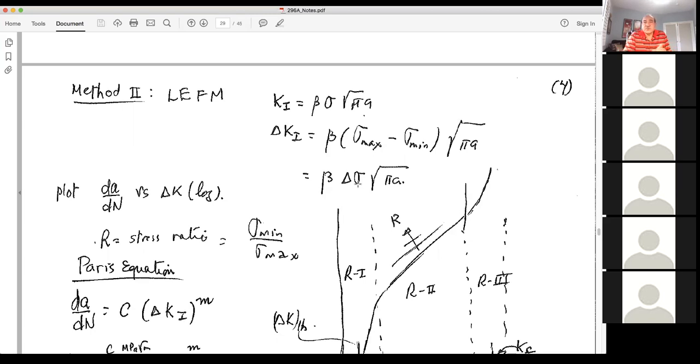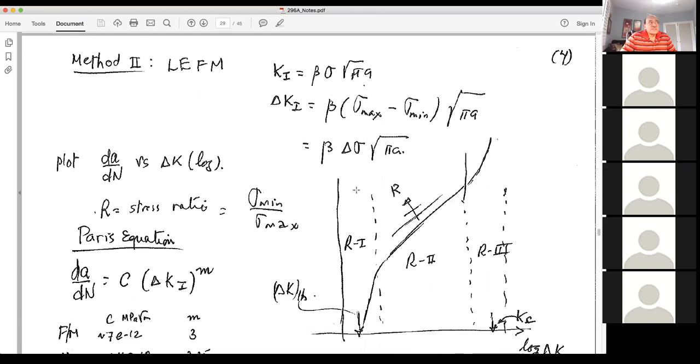So these are a few. We have to select a few locations, and at these locations we compute from COMSOL the delta sigma that results from the calculations. It's all elastic here. Then we assume that there's an initial crack size that is going to grow.